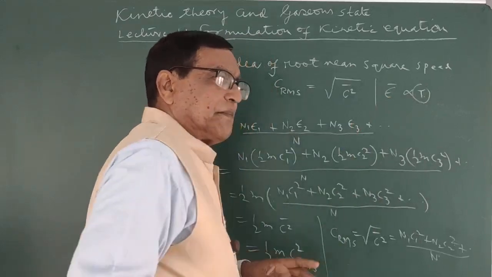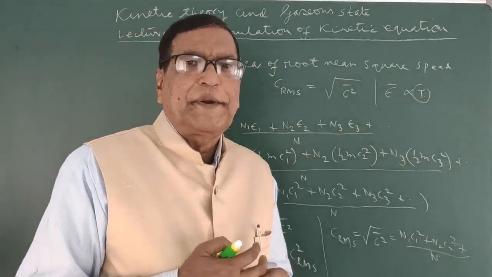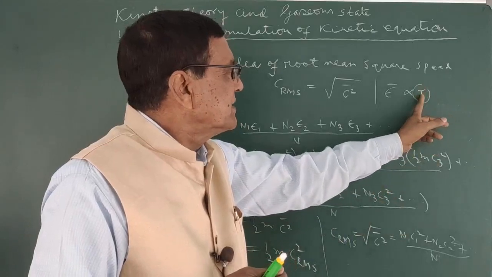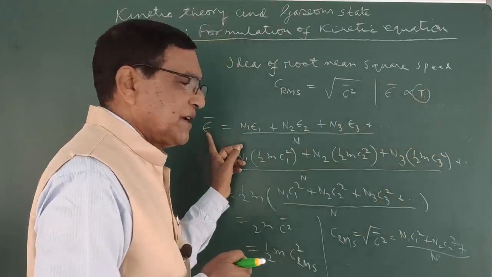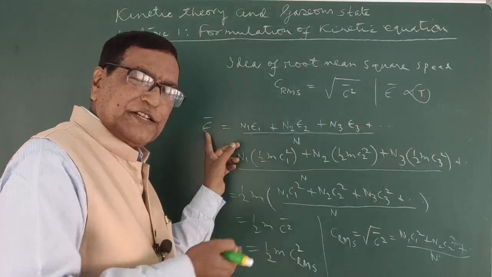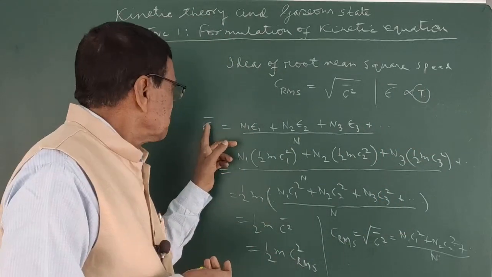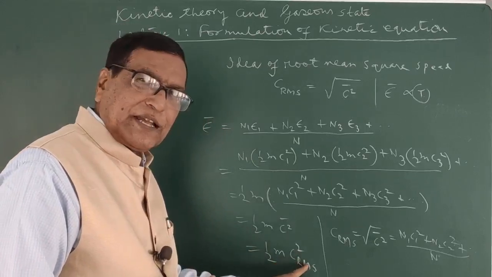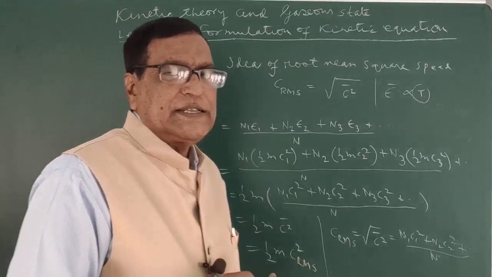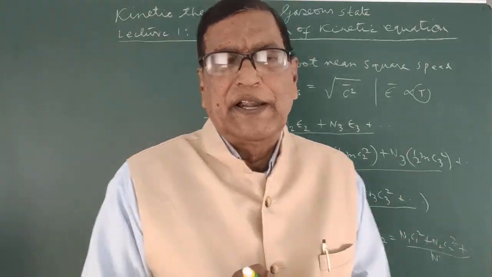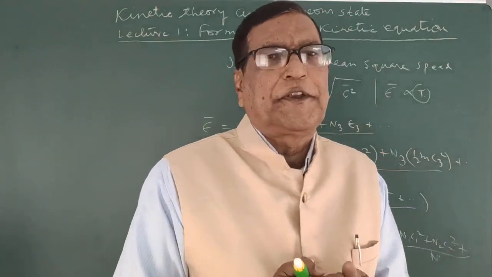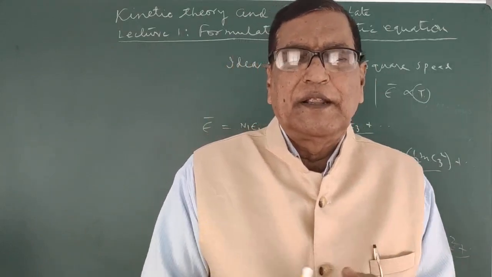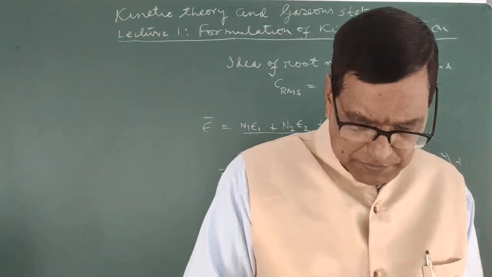Temperature is a fundamental, thermodynamical property. So from thermodynamical properties, T is coming and T is related to epsilon bar, and whenever we are doing the full-fledged explanation of this epsilon bar, automatically C RMS is coming. So C RMS is more fundamental than the average speed.